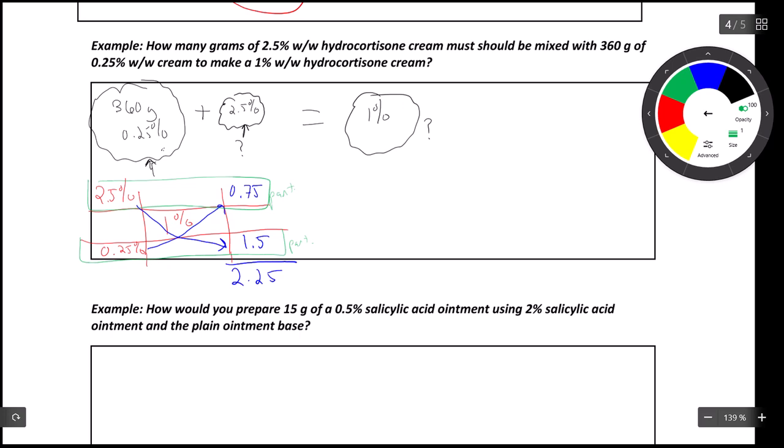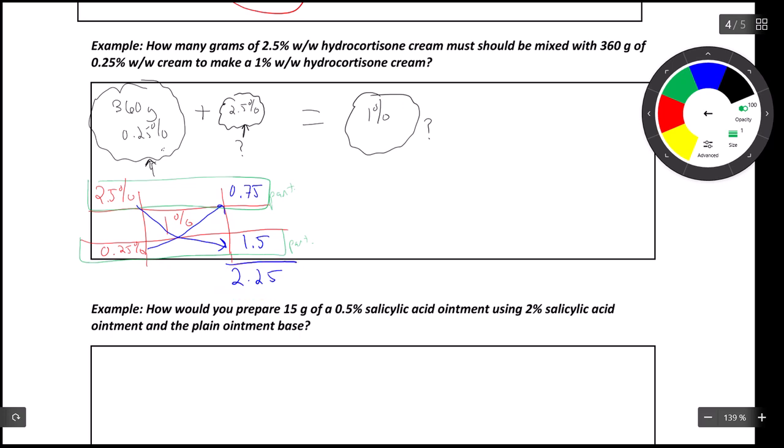Every time I have 1.5 grams of the 0.25, I'm going to mix it with 0.75 grams of the 2.5. Let me say that again. Every time I have 1.5 grams of the 0.25, I'm going to mix it with 0.75 grams of the 2.5. That mixture will give me a total of 2.25 parts total.